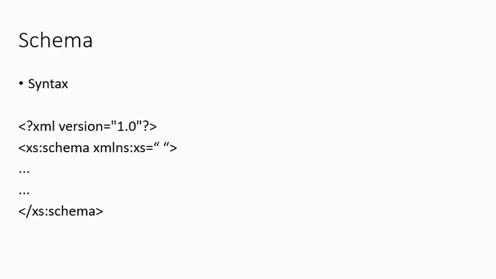Next topic is XML schema. XML schema is very much similar to an XML DTD. XML schemas describe and validate the structure of an XML document. The XML schema language is also known as XML schema definition or XSD.